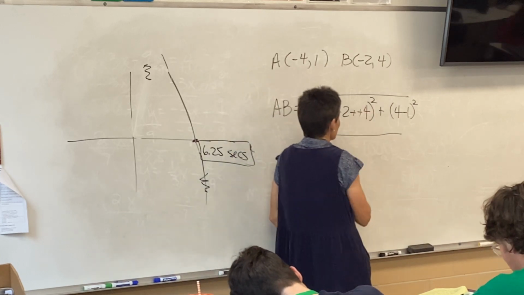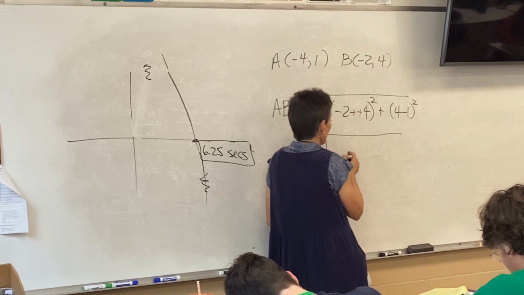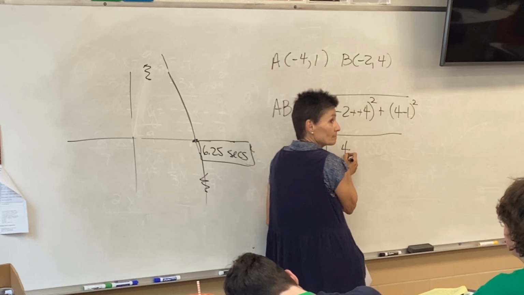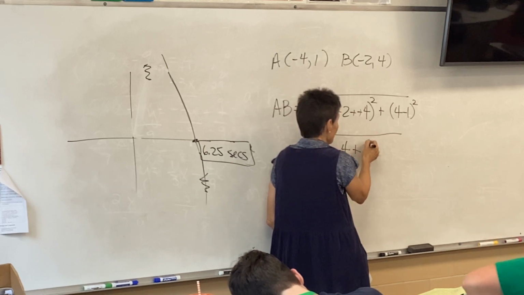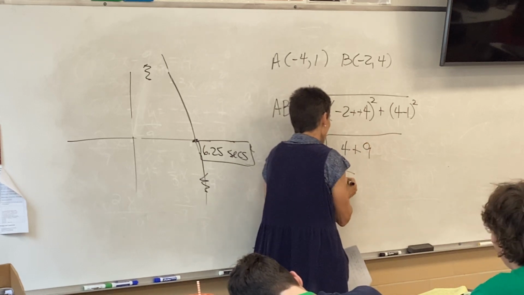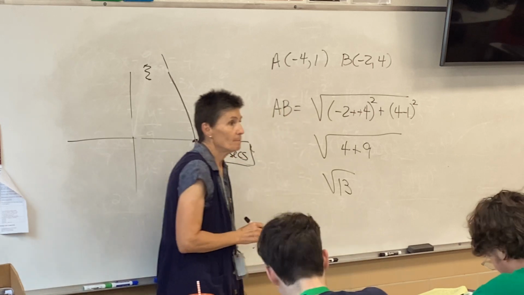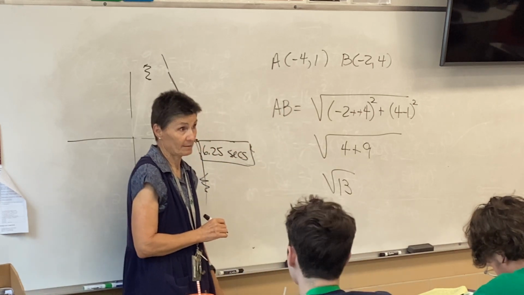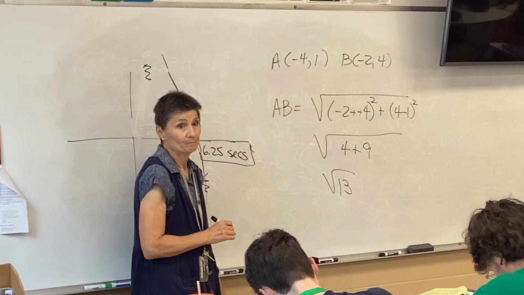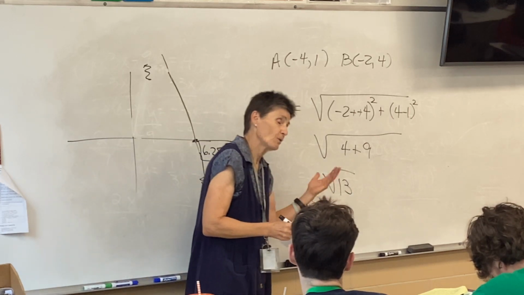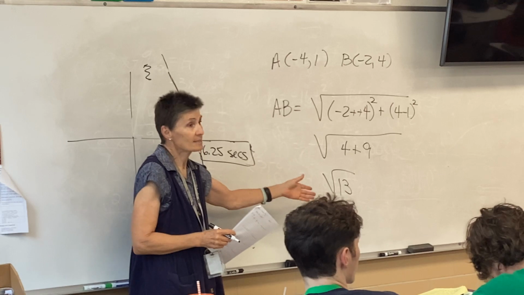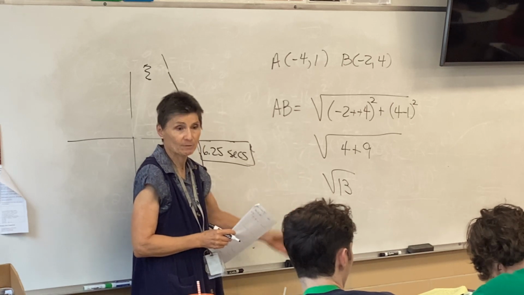Watch the arithmetic. So that's gonna be 2 squared, I got 4. And 3 squared, I got 9. Oh, this is a nice one. I'm done. Because root 13 does not break down in any way. So some of you are gonna get lucky tomorrow, or Friday. You're gonna get numbers like that, and some of you are not gonna get lucky, and you're gonna have to break yours down.